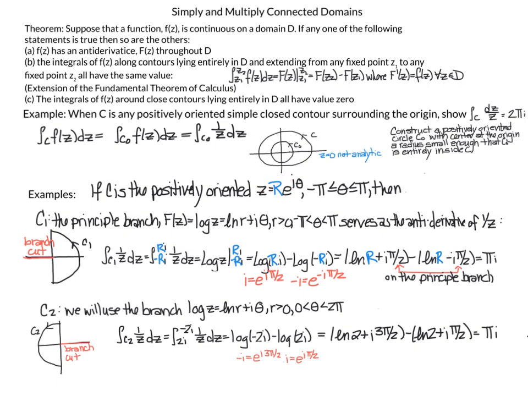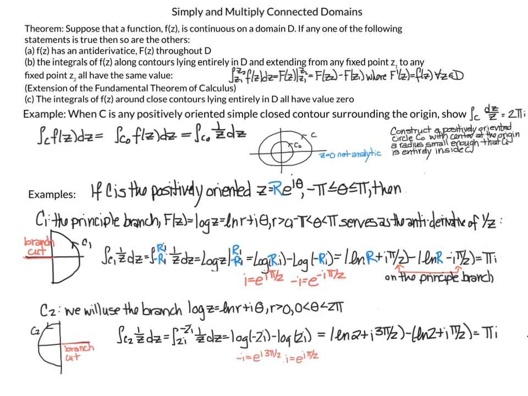So here, my radius I put in r because remember, we wanted a radius that was sufficiently small that it would be contained within our curve C. So we don't know how small it needs to be, but we'll just generically call it r. Then I substituted r for 2 and I put it in blue just so you can see where I made the changes. But you can see that eventually this natural log here cancels out with this minus natural log, so you're still going to get the same answer pi i.